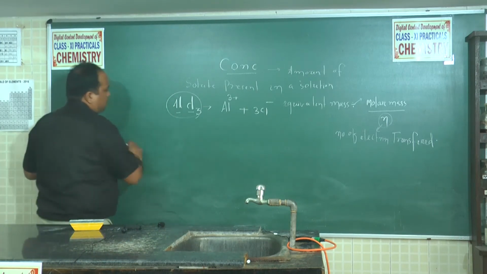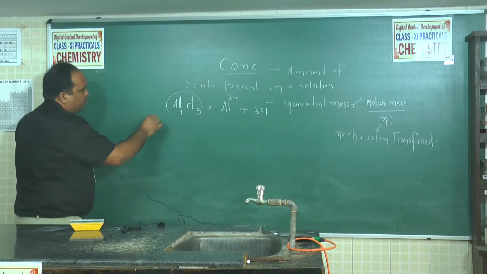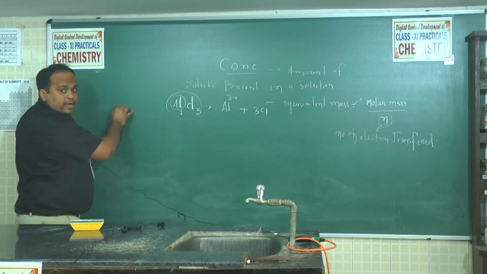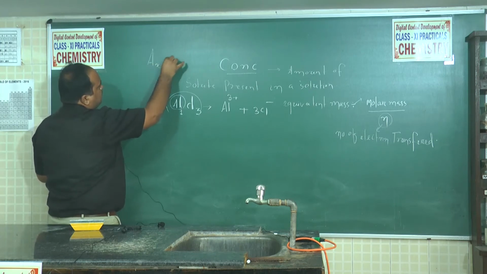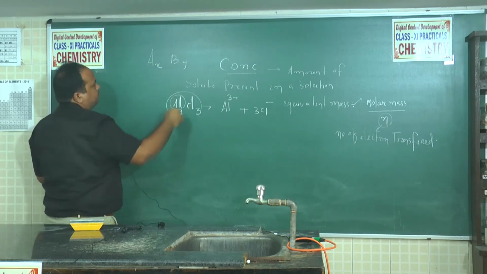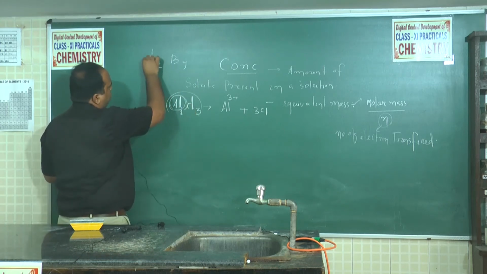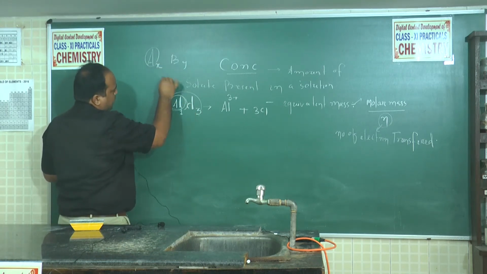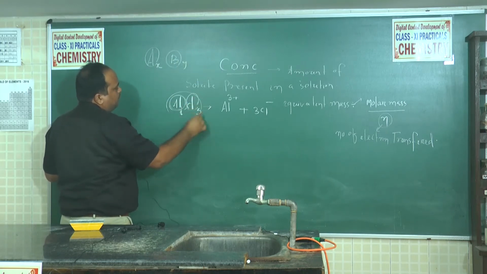Again I am telling you how to break a molecule easily. Say the molecule is A X B Y. This is element A, this is X, this is B, and this is Y. In aluminium chloride, A is aluminium, X is 1, B is chlorine, and Y is 3.